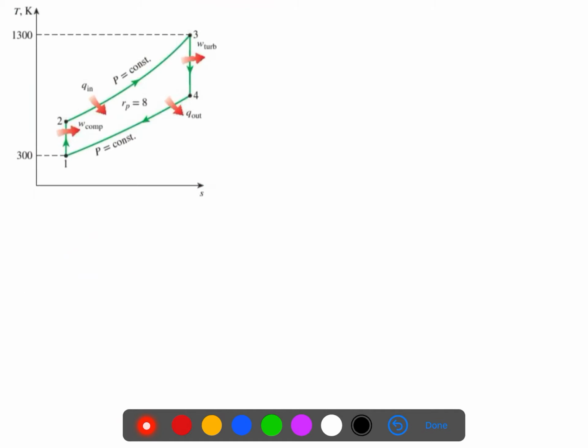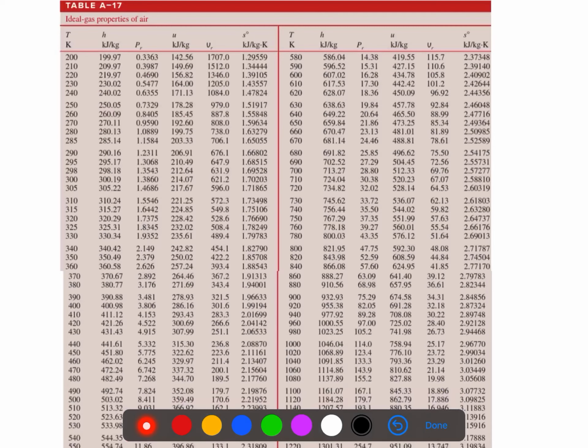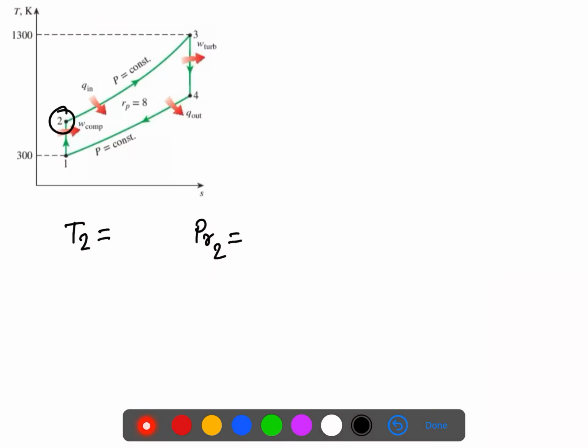What I said, if we want to get T2, okay, that's our target. So if we know the Pr2, that means the relative pressure at the exit of the compressor, then the exit temperature will follow. I believe you understand. So the question is then how we will calculate that.